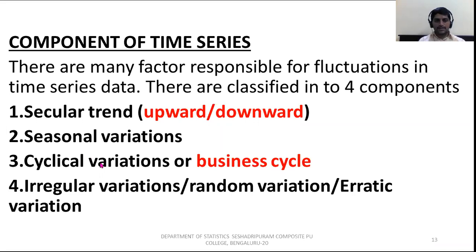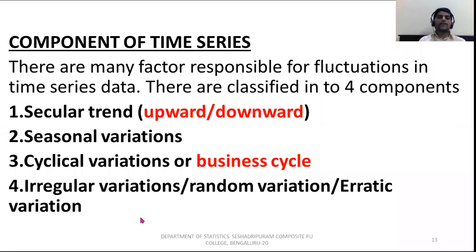Please take down this point, it's important. The four components of time series, with time considered as the variable: the first is secular trend, then seasonal variation, then cyclical variation, or we can call it business cycle, and the fourth, irregular variation, or random variation, or erratic variation.